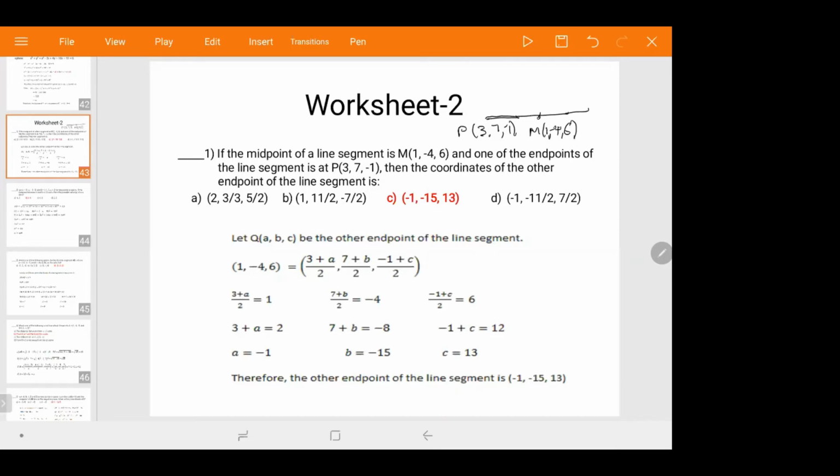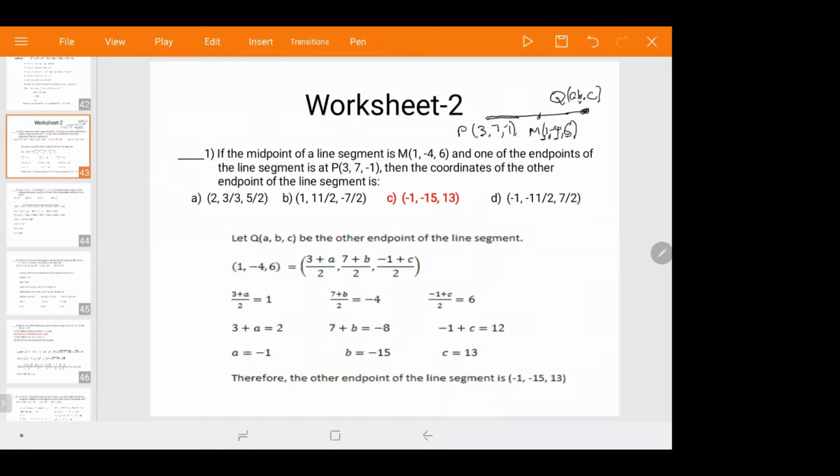The question is to find the other endpoint of the line segment. If I let the other endpoint be (A, B, C), then (3 + A)/2 must be equal to 1, (7 + B)/2 must be -4, and (-1 + C)/2 must be 6.